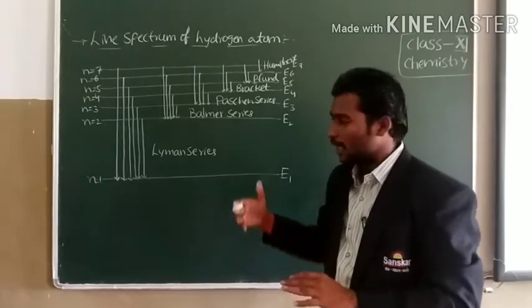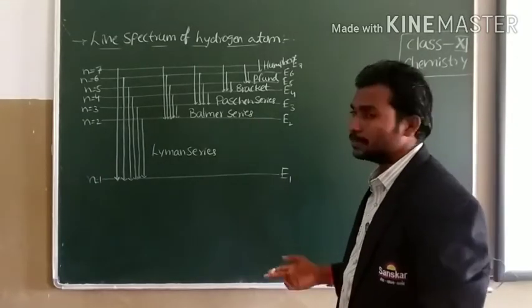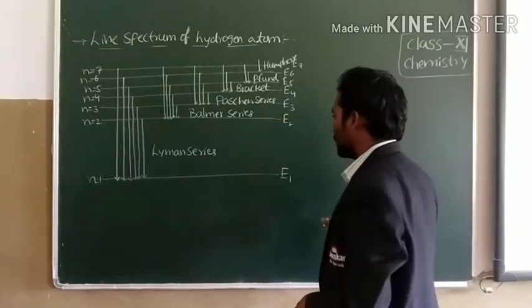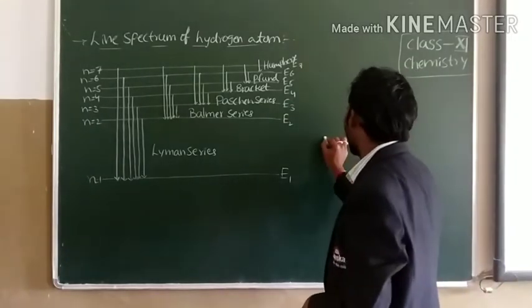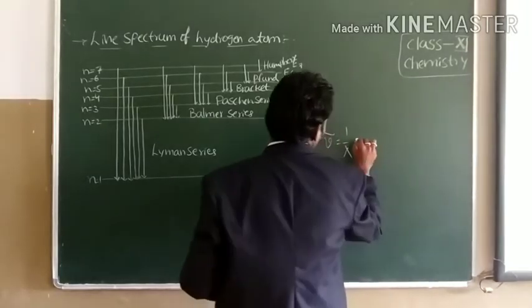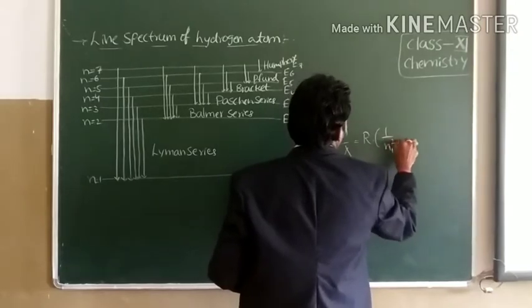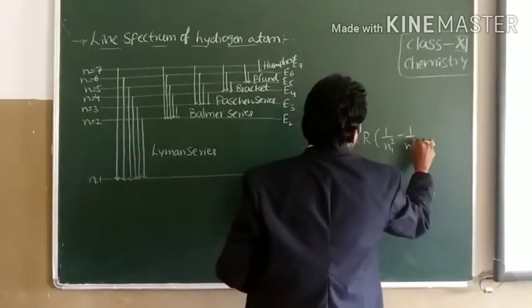And they also calculated the wave number of these series by using the formula: mu bar equals 1 by lambda equals R into 1 by n1 square minus 1 by n2 square.